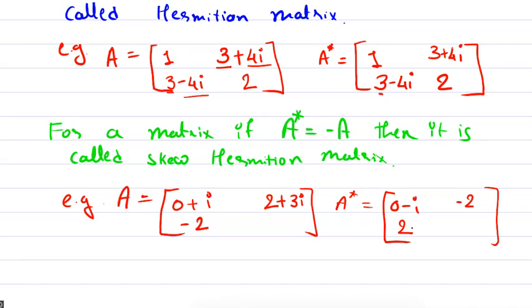So the entry here, first of all I want minus 3i, but it is appearing here, so this entry must be plus 3i, then only this appears as minus, correct?